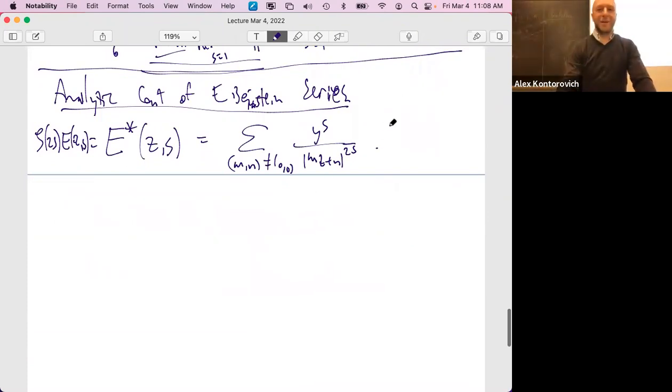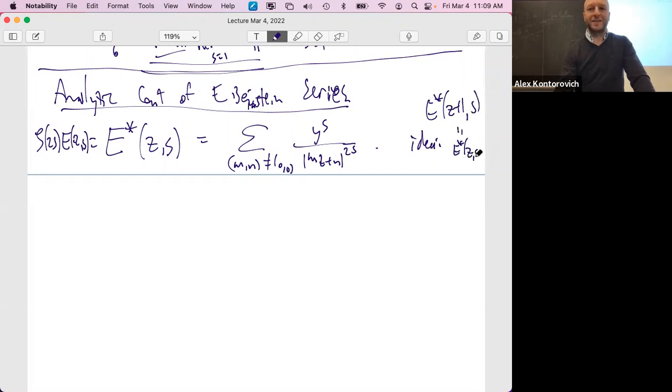Method 1 will be, so the idea is E star of z plus 1, s is equal to E star of z, s, because this is gamma invariant. Gamma includes translation by 1, so this is invariant under translation.